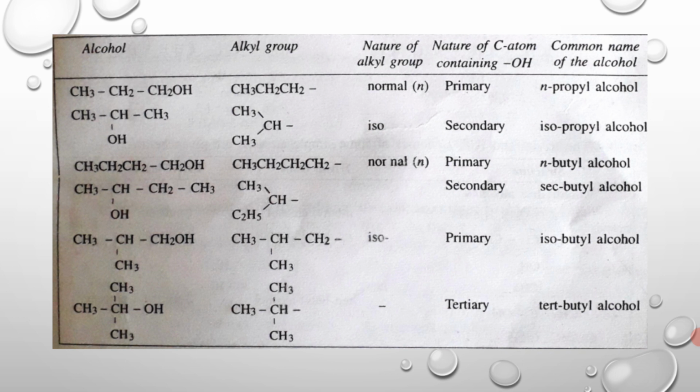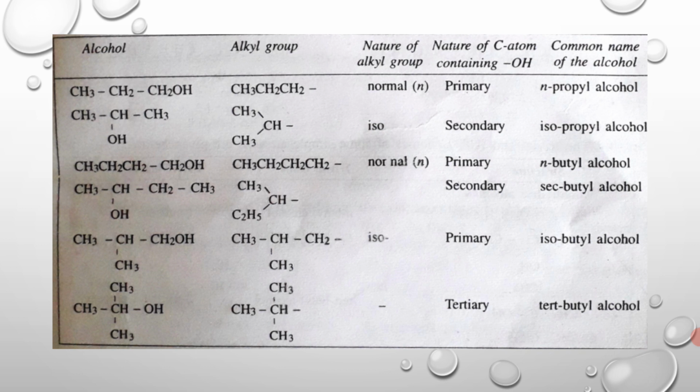Similarly, we have CH3CHOHCH3, where the carbon atom is attached to two alkyl groups, CH3 groups, so its nature of alkyl group is iso and it is secondary, that is, a 2-degree alcohol. Its common name is isopropyl alcohol, as there are 3 carbon atoms.